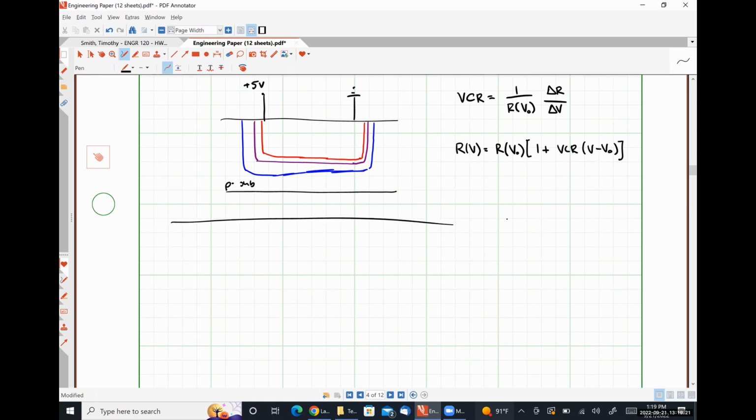So for capacitors, for the temperature coefficient of capacitance, we have C of T naught times 1 plus TCC times T minus T naught, where the temperature coefficient of capacitance is 1 over C times the change in capacitance over the change in temperature.